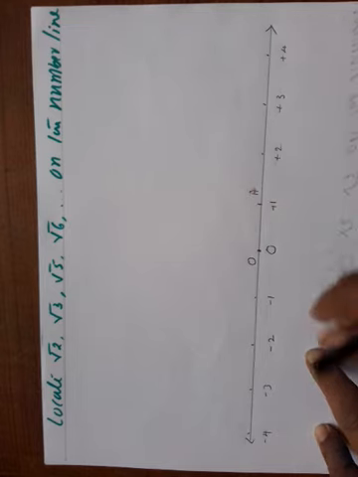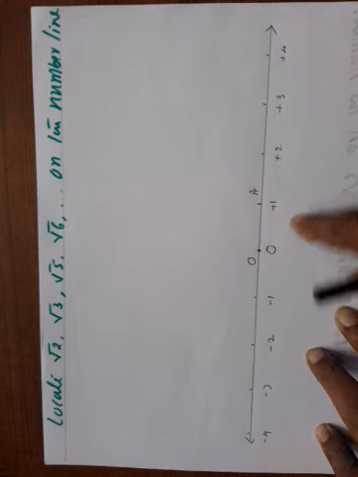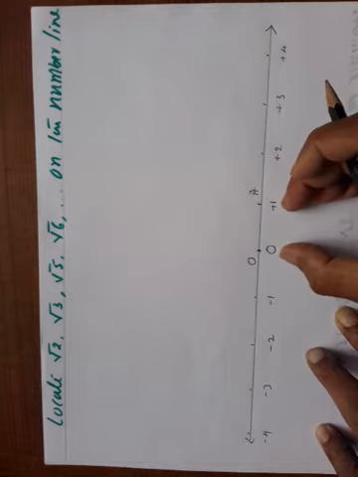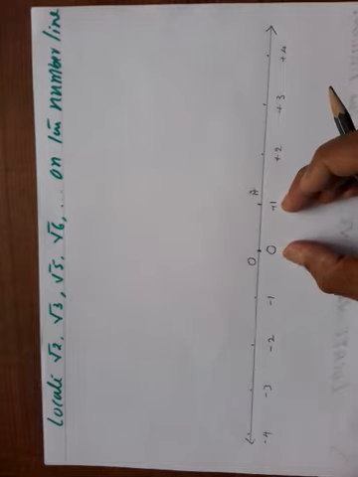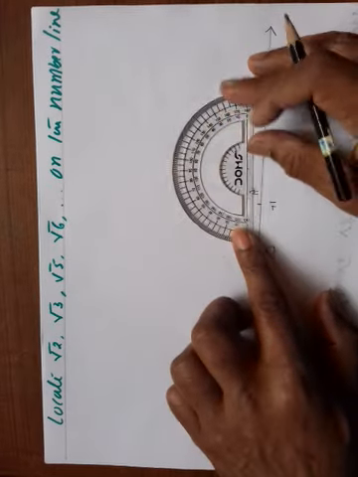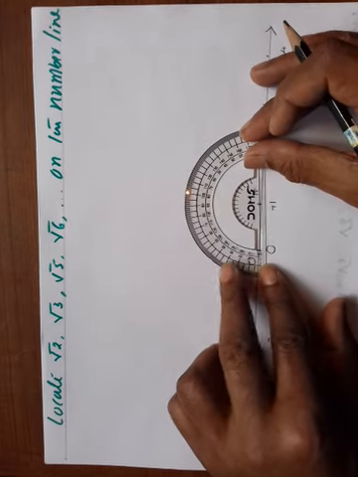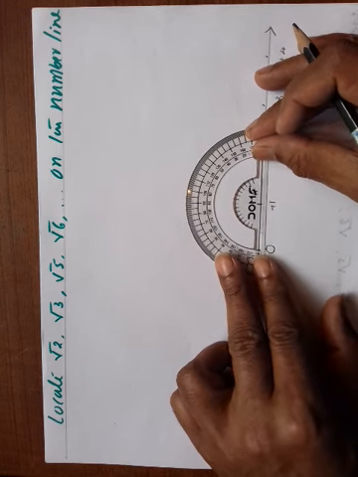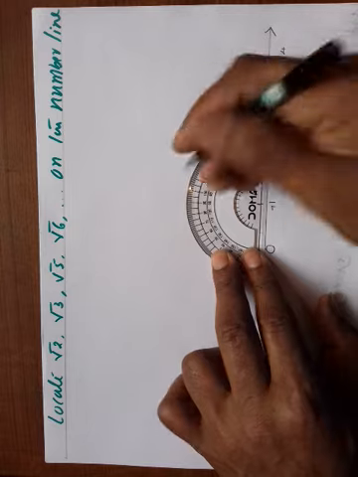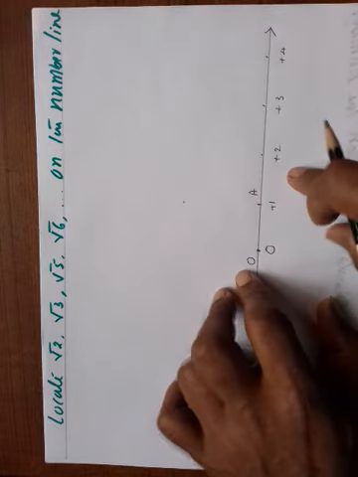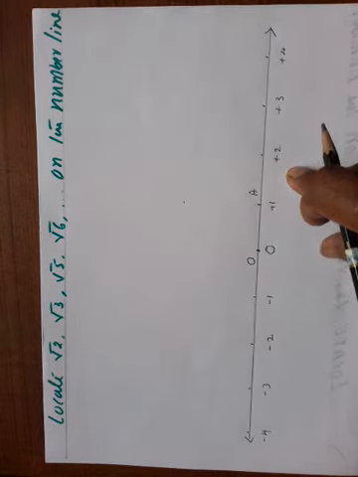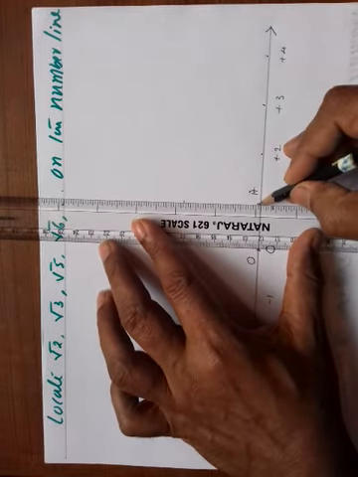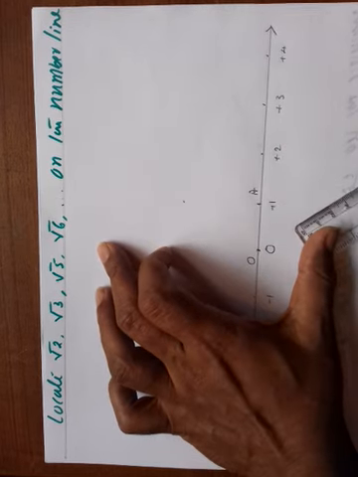Dear students, you have to draw a perpendicular to OA at A, equal to 1 unit. Here at A, you have to draw a perpendicular to OA, and it should be equal to 1 unit.